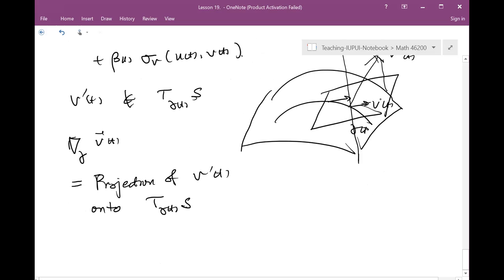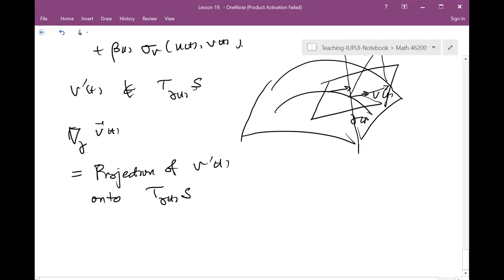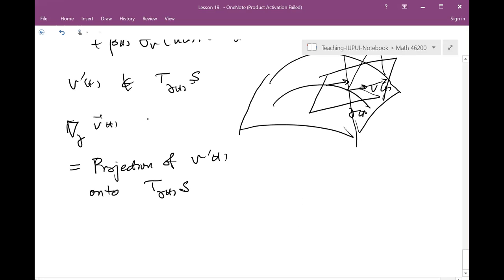So we only consider this part, the projection. Then this is again a tangent vector. In other words, this is going to be a tangent vector again. We only consider the tangent part. We don't care about the normal part, which is perpendicular to the tangent plane. So this is called the covariant derivative.